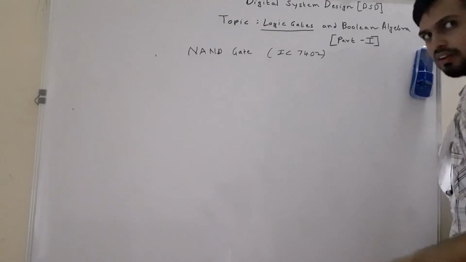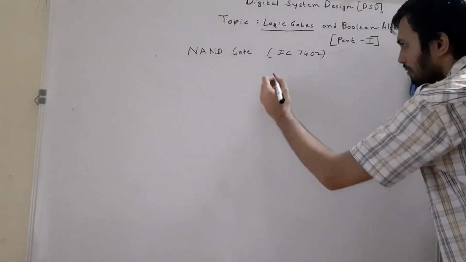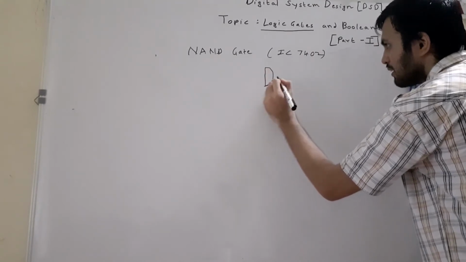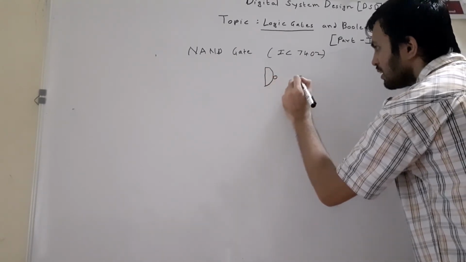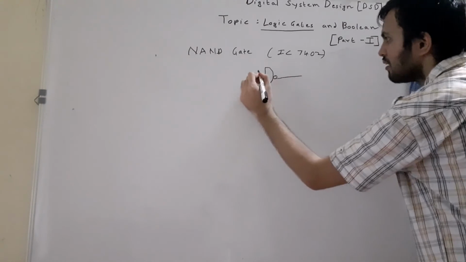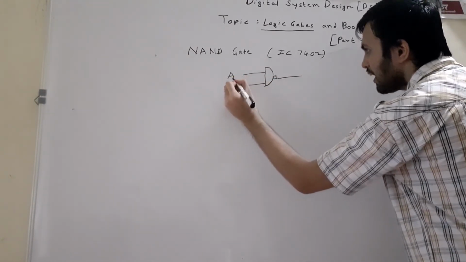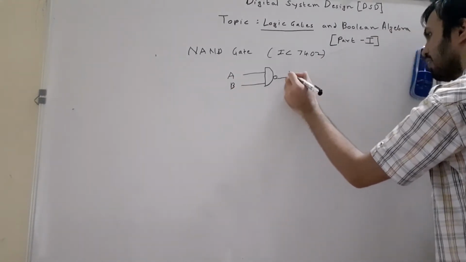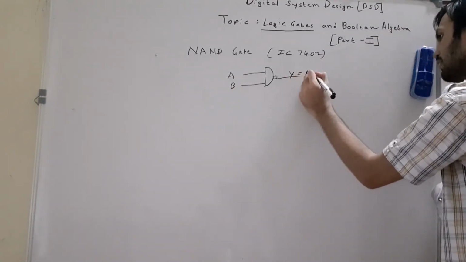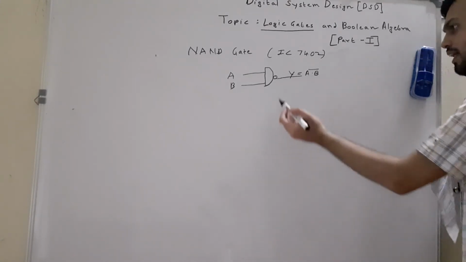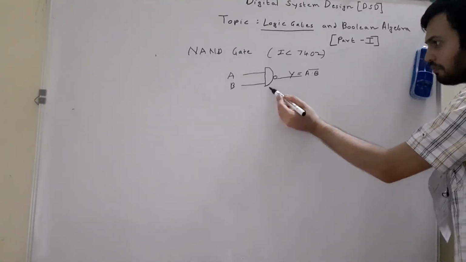And what is its logical symbol? How do we represent an AND gate? So here are two inputs A and B, and output is Y is equal to (A dot B) bar. Now have a close look over here. This is the logical symbol for NAND gate.